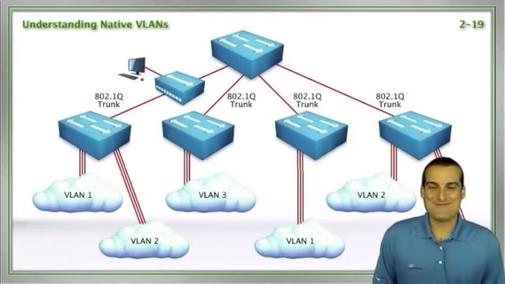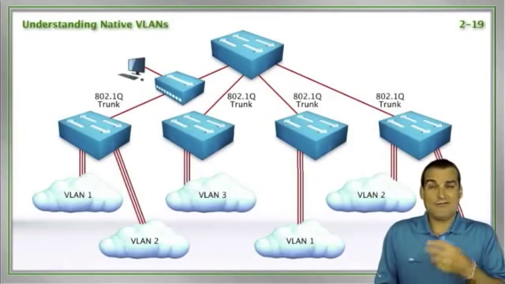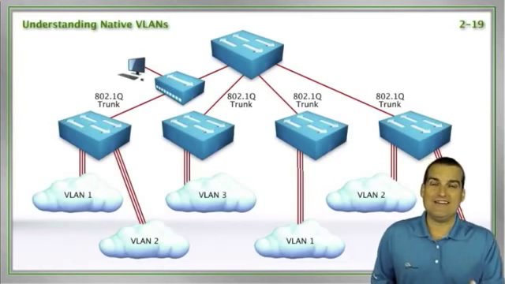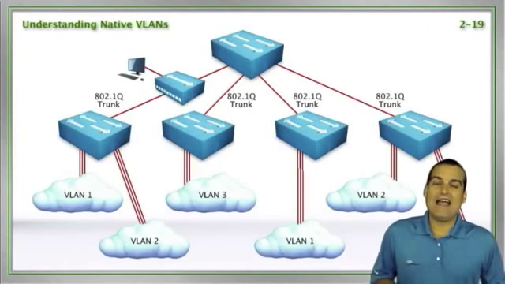Let me repeat it. All of your VLANs are going to get that tag for VLAN ID except one special VLAN. This one special VLAN will not have its frames tagged, and this is called the native VLAN.